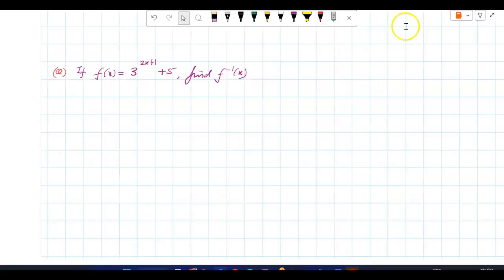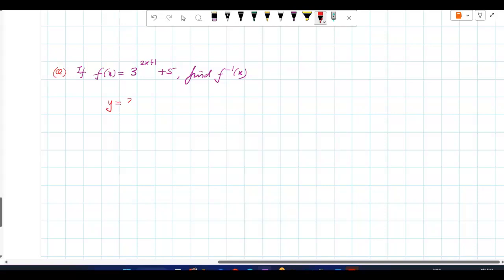Wait. So suppose we get a sum like this. You find the inverse. So basically f(x) is y. First step is what will you do? Replace x with y and y with x. Now to make y the subject means you have to isolate the y. So first you take 5 on this side.